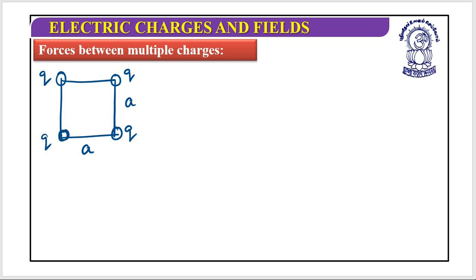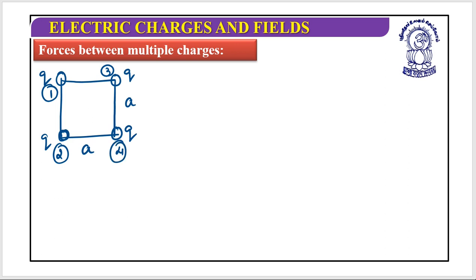So we have a square with sides a by a, and this square has 4 charges at its corners, q, q, q, q. Let us give names to the charges. This is first, this is second, let's say this is third, and this is fourth.